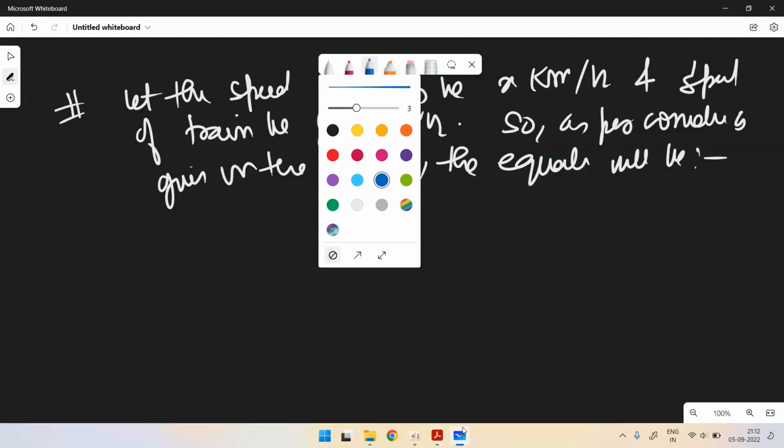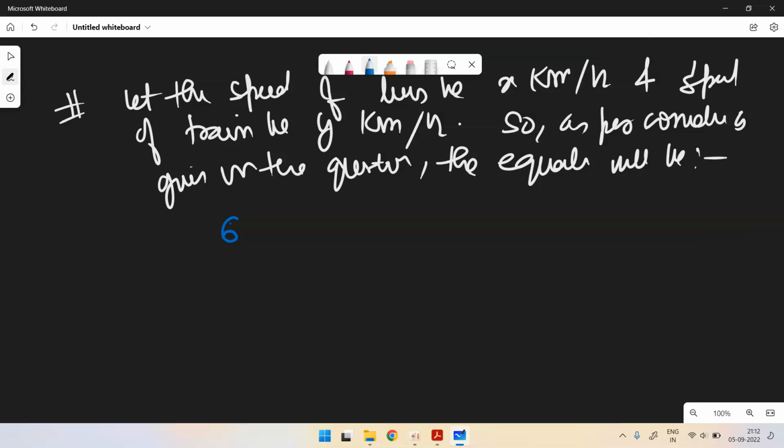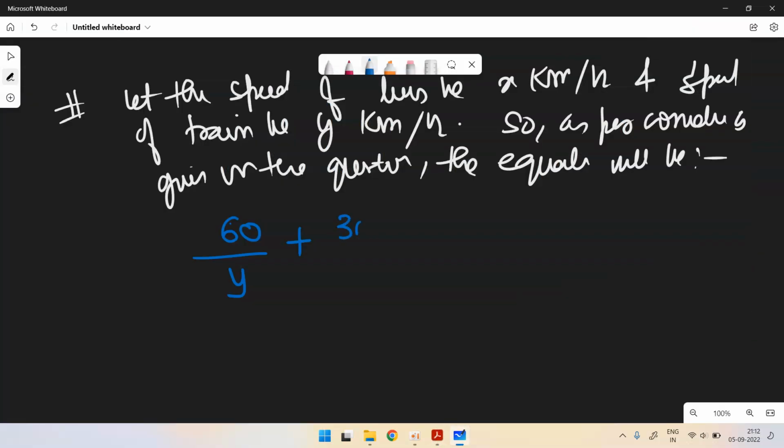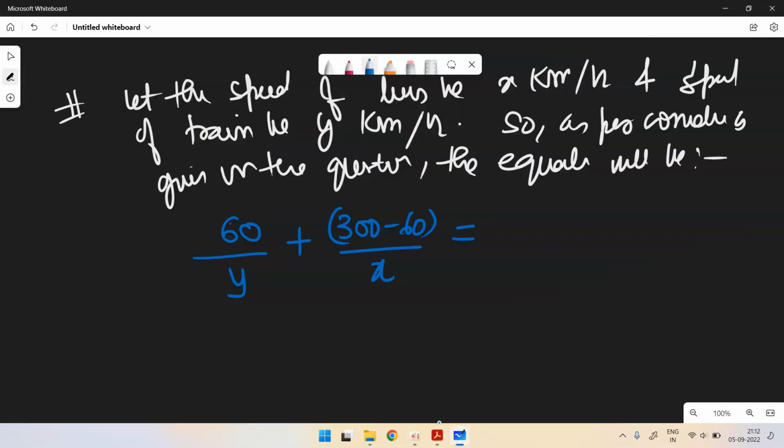So traveling 60 km by train, the time taken will be 60 by y. And the remaining, 300 minus 60, will be by bus, whose speed is x kilometer per hour. The total time taken by her is 4 hours.